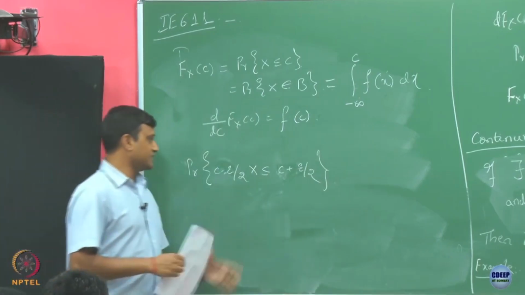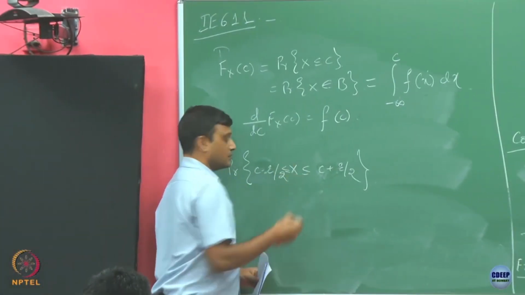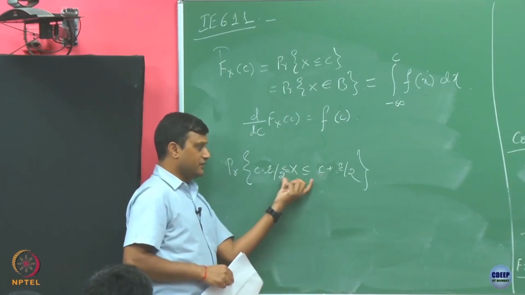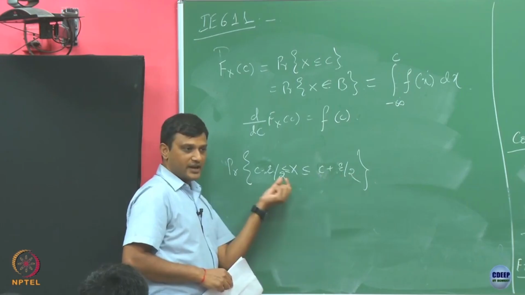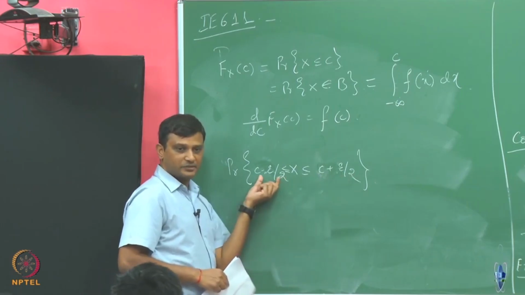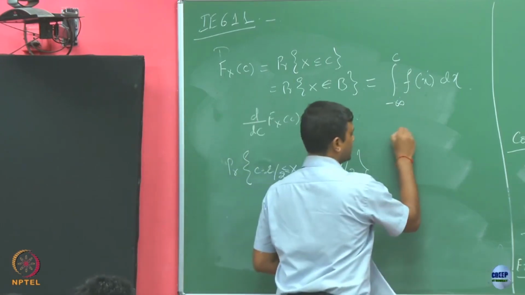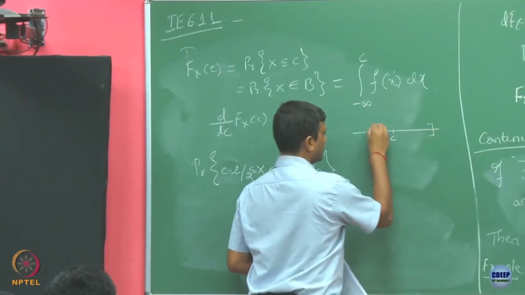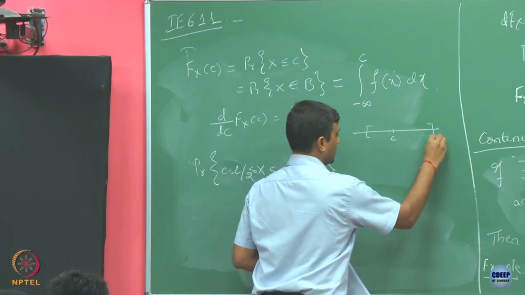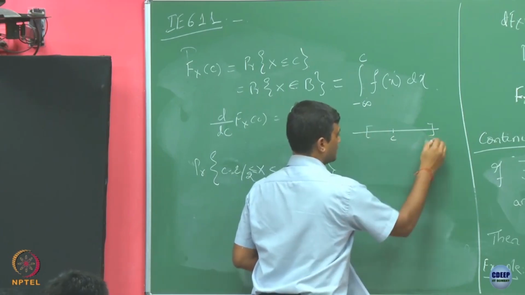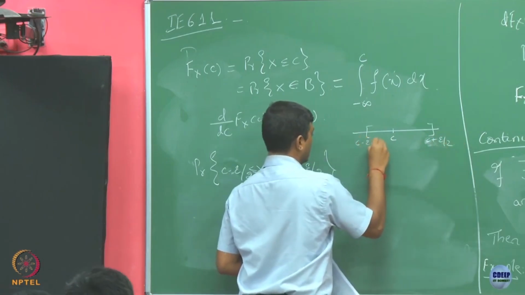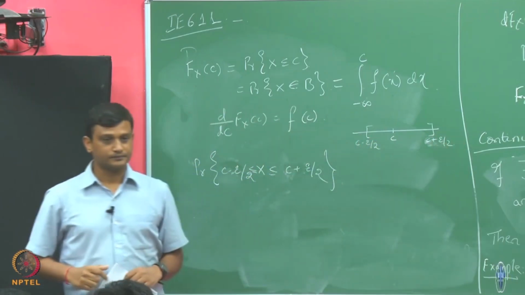So what is this probability saying? I want X to be between c minus epsilon by 2 and c plus epsilon by 2. So I am asking X to be in this interval, where this is c plus epsilon by 2 and this is c minus epsilon by 2.